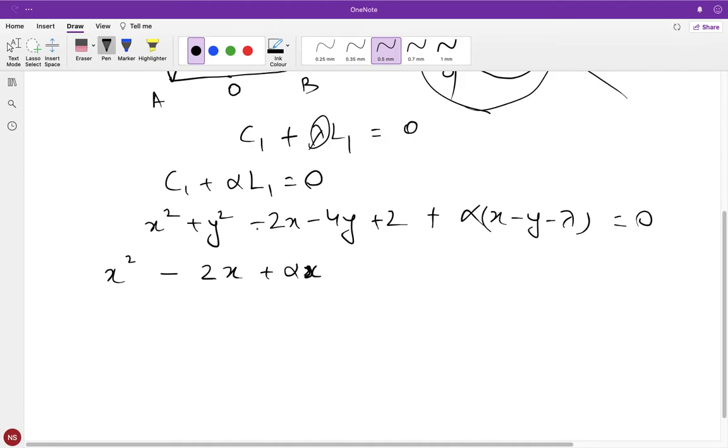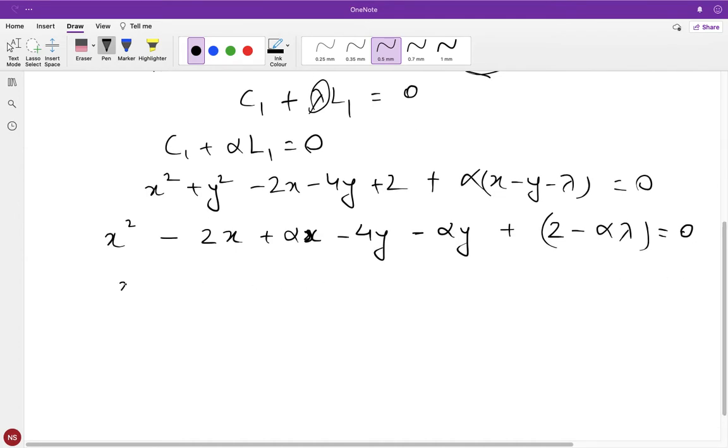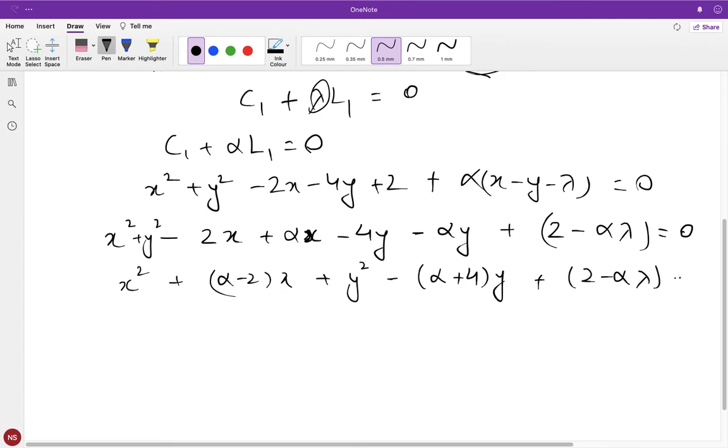Minus 2x plus alpha x minus 4y minus alpha y plus 2 minus alpha lambda is equal to 0. So what will be the center of this circle? Alpha minus 2 x plus y square, minus alpha plus 4 y, plus 2 minus alpha lambda is equal to 0.